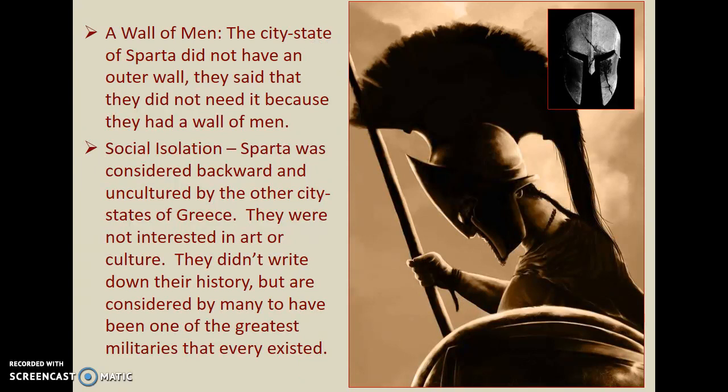Sparta was, I don't want to say the opposite of Athens, but where Athens was about discussion, debate, democracy, Sparta was not really much. They were a lot more strict. They were a military city-state, more or less, fierce fighters, all that stuff.